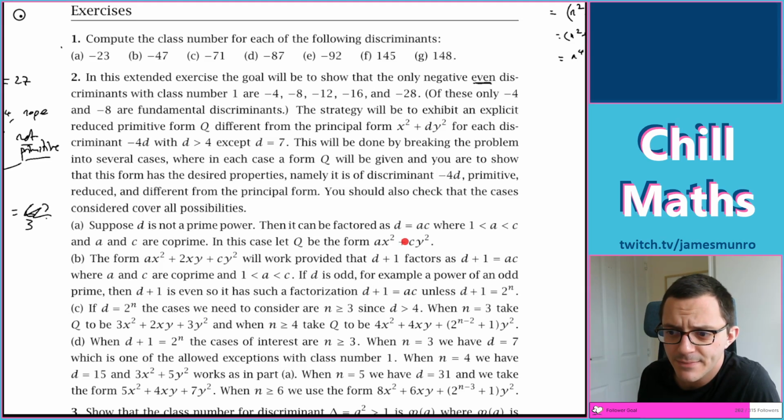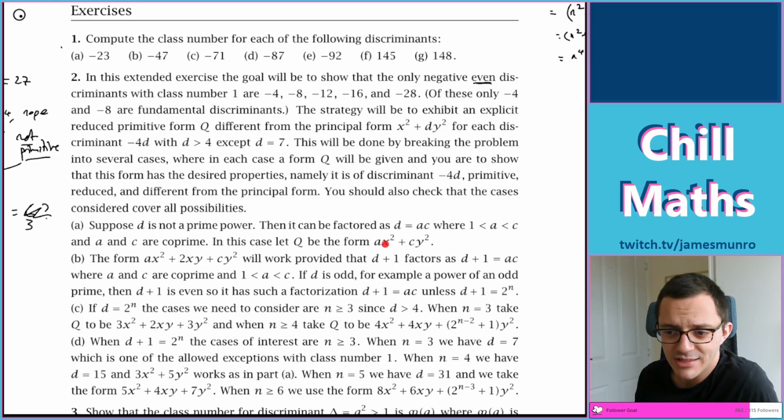Why is this? So the principal form up here can take the value 1, and this thing cannot take the value 1 because both the coefficients are larger than 1, and there's no way for this to be the number 1 anywhere.